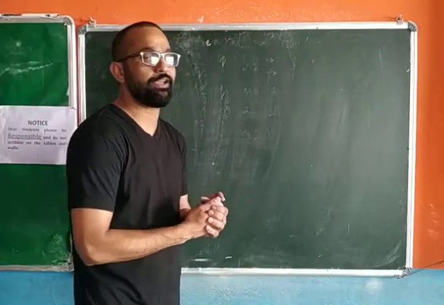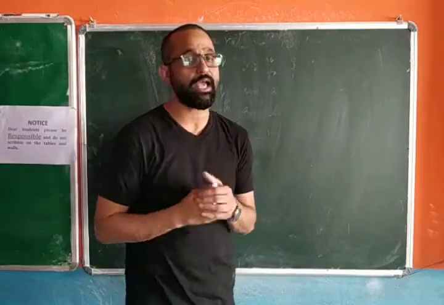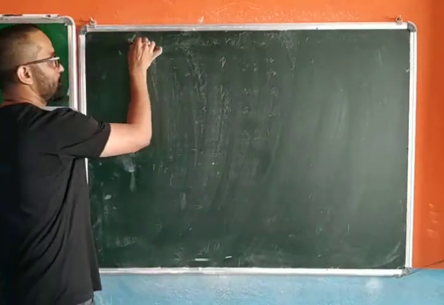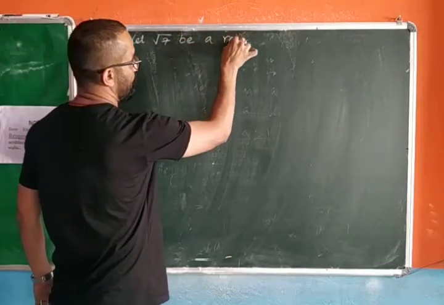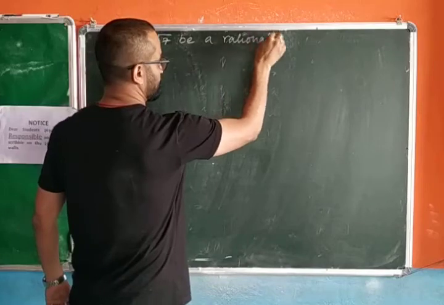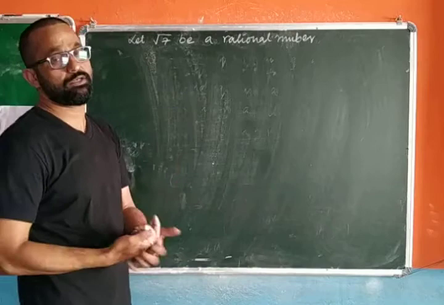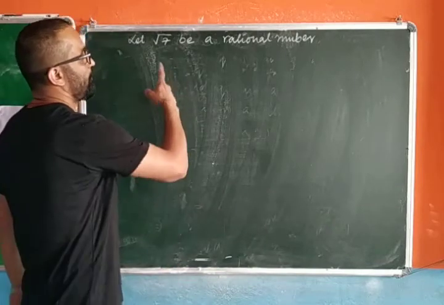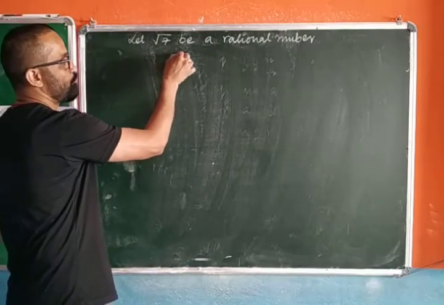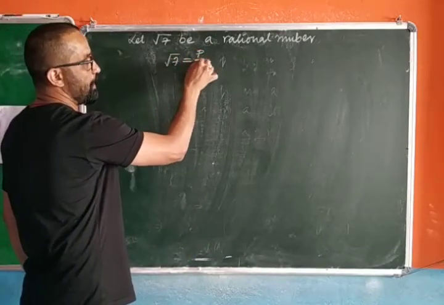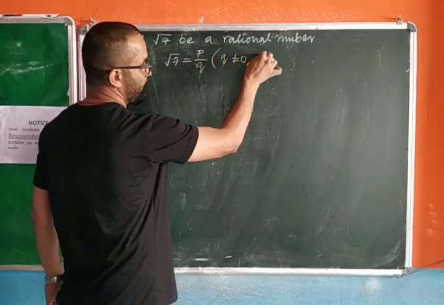I'm proving root 7. To prove root 7 is an irrational number, let root 7 be a rational number. We have to get a common factor, that is the important term. So we assume root 7 is equal to p by q. Same steps. Q is not equal to 0.